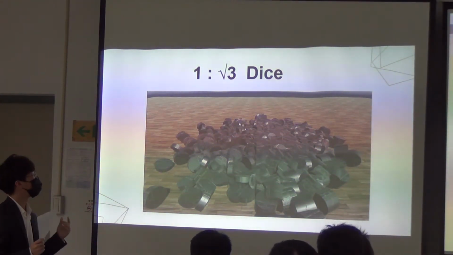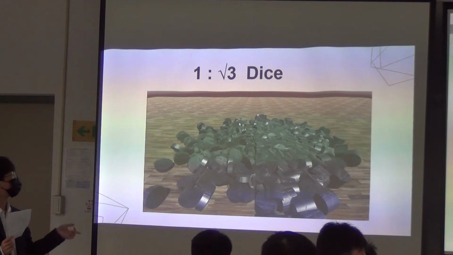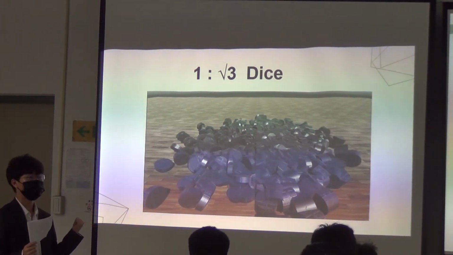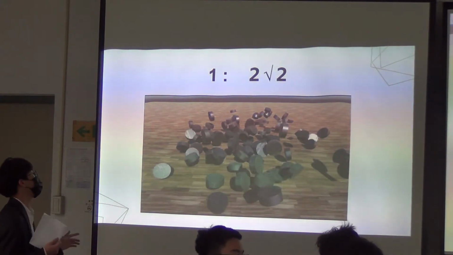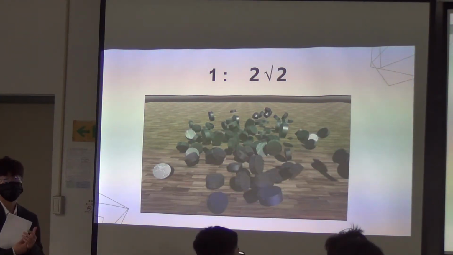So I believe that the chance for this proportion of the dice to land on the edge is too small. Now second, we go for a thicker one.